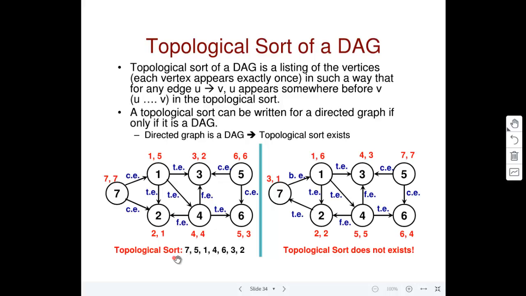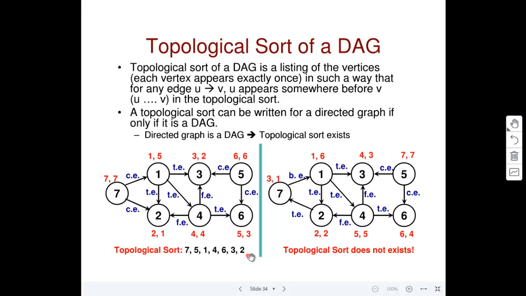The topological sort is by definition the reverse order in which the vertices are popped out of the stack. That's how you get the topological sort. So you can start from 7, that's the last vertex that was popped out, then 5, then 1, then 4, 6, 3, 2. So that's the reverse order.